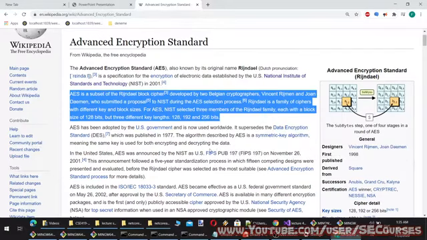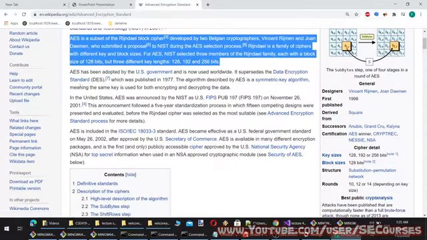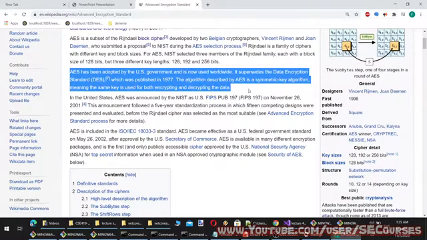AES is a subset of the Rijndael block cipher, developed by two Belgian cryptographers, Vincent Rijmen and Joan Daemen, who submitted a proposal to NIST during the AES selection process. Rijndael is a family of ciphers with different key and block sizes. For AES, NIST selected three members of the Rijndael family, each with a block size of 128 bits, but three different key lengths, 128, 192 and 256 bits.